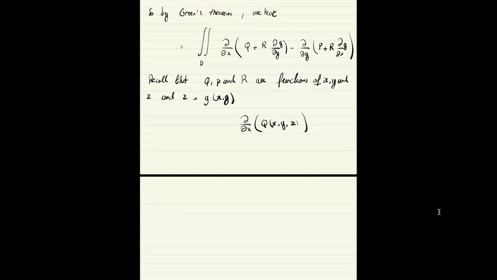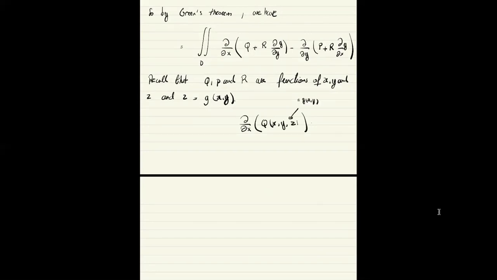This is confusing, because z is also a function of x and y, so I need to take it into account.